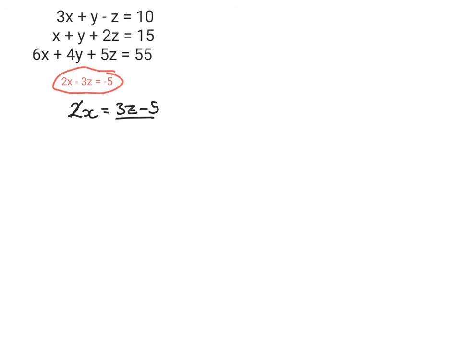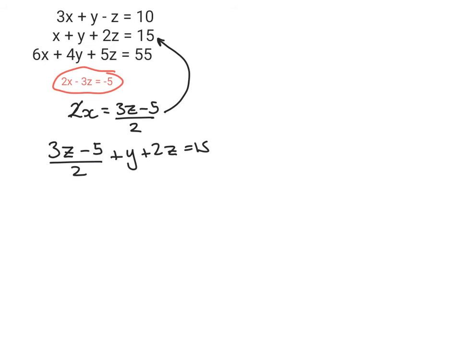Divide both sides by 2, and we've got x equals (3z minus 5) over 2. Now all I'm going to do is substitute that into one of the other equations to eliminate x from that equation. And the obvious choice to go for is this second equation. So that's going to give me (3z minus 5) over 2 plus y plus 2z equals 15.